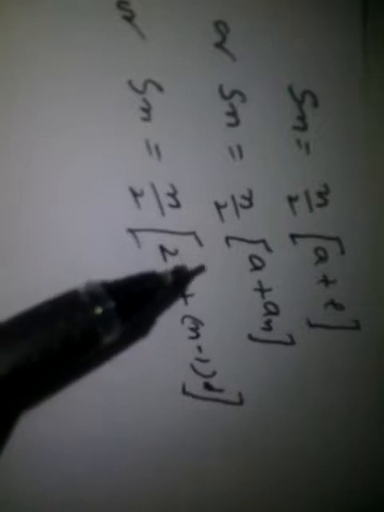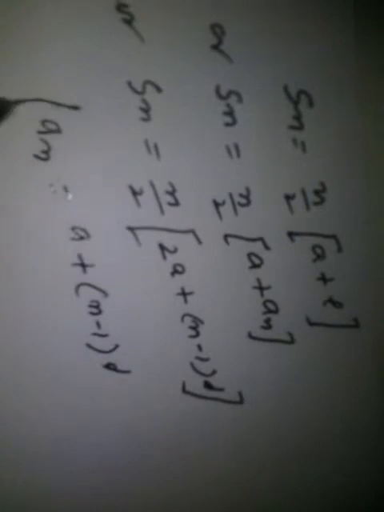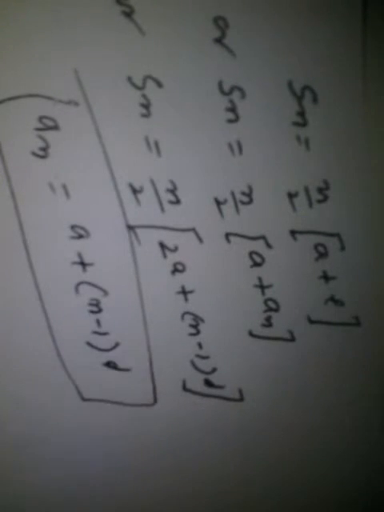So this becomes a plus a, 2a plus n minus 1 d. I'll write it here. An is equal to a plus n minus 1 d. So we have put the value of an in the above equation, and so we got it like that.